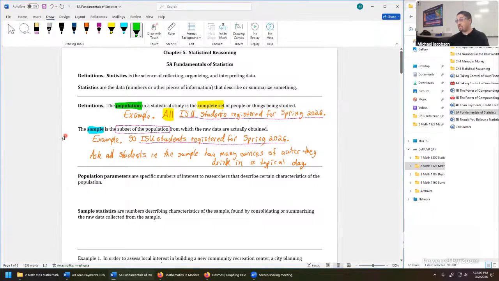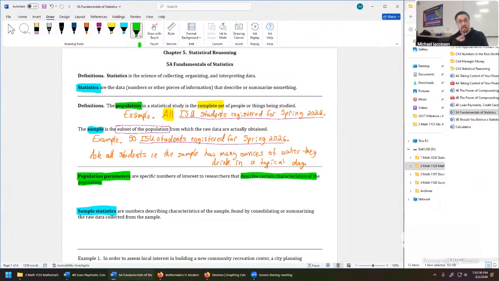There's population versus sample, and there's also population parameters versus sample statistics. Statistics thought of as in this definition above now when we say it. So when we say population parameters, we are saying they are specific numbers of interest that describe certain characteristics of the population.